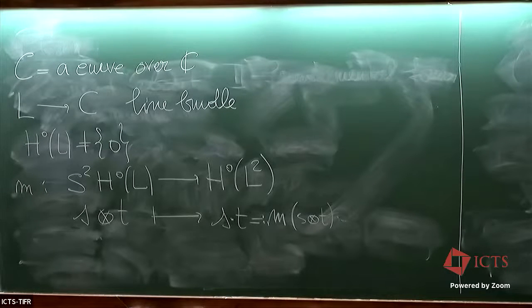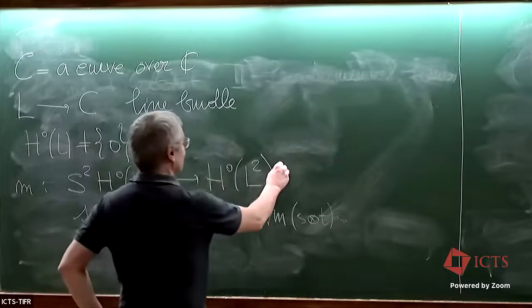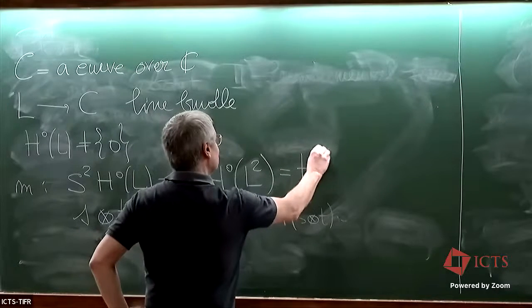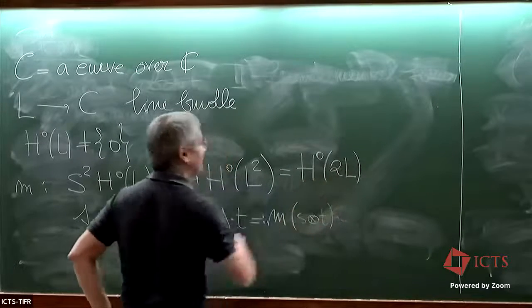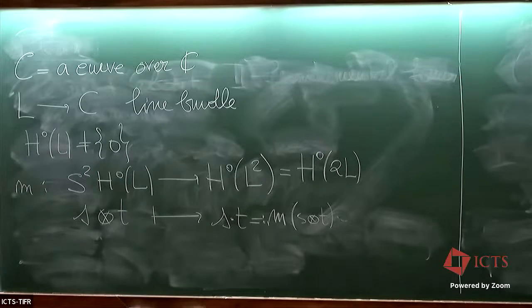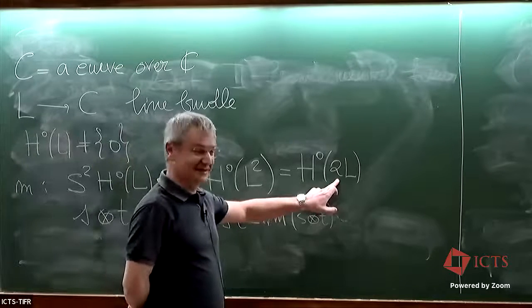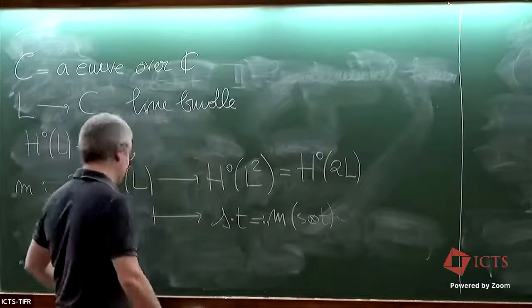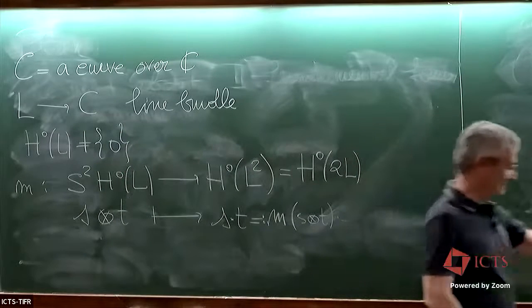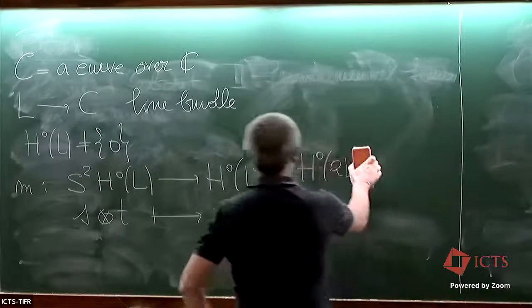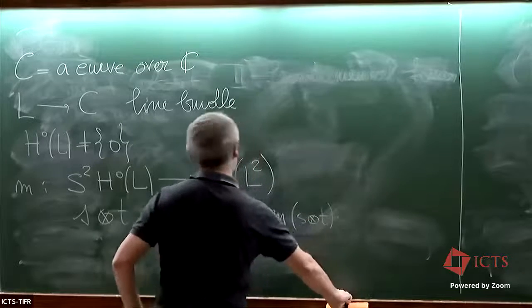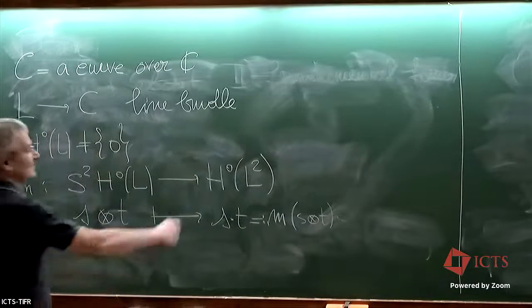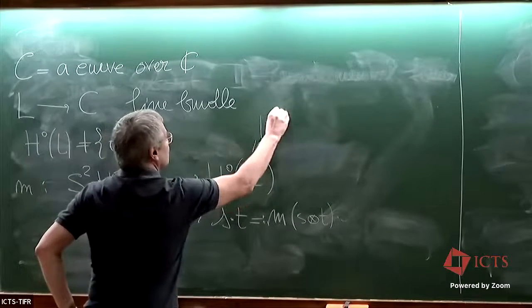And I'm pretty sure I will use both notations for line bundles. So sometimes I will use additive notation and sometimes multiplicative notation. I know that it is wrong, but I will probably make this mistake. And by this, of course, I mean tensor product.